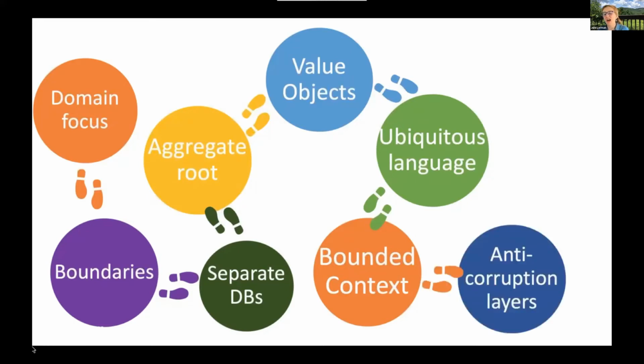And I always have to give a nod to anti-corruption layers. Anti-corruption layers are one of the patterns we have for a bounded context communicating with maybe other services or older applications, right? If you need to have some kind of a means of communication, and they're almost like a translator.